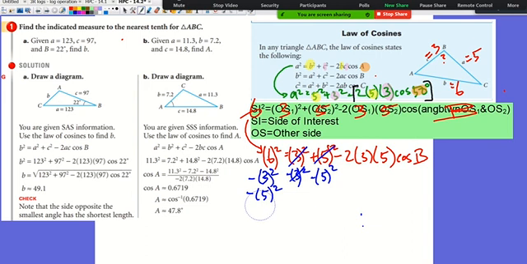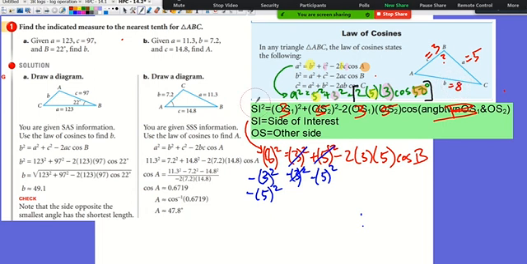Realistically, there's no such triangle, so I'm going to have to modify it to be 8 for it to be a real life example. I had to modify it because I'm going to get a negative number.